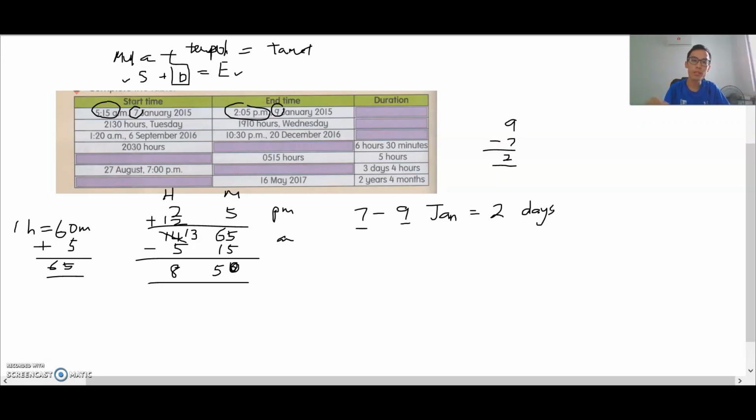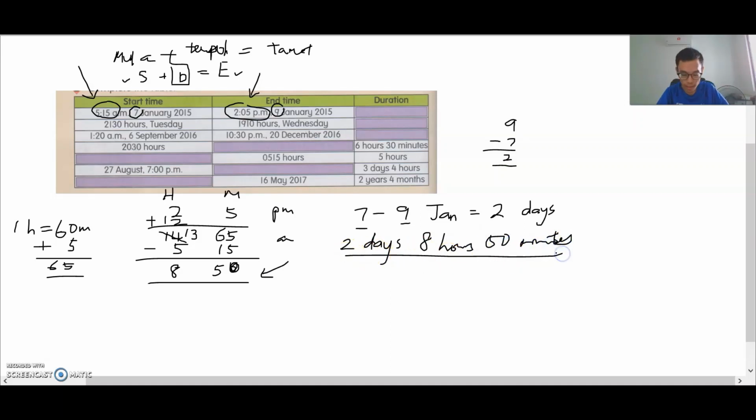Because the exact time is given, we don't have to plus 1, because we are calculating the time also. So the final answer, the duration for the first one is 2 days plus 8 hours and 50 minutes. 2 days, 8 hours and 50 minutes.